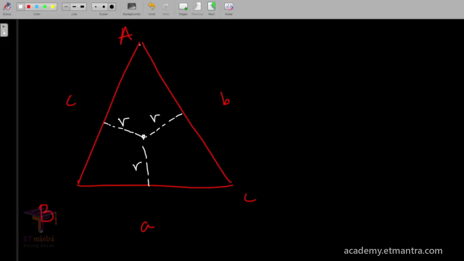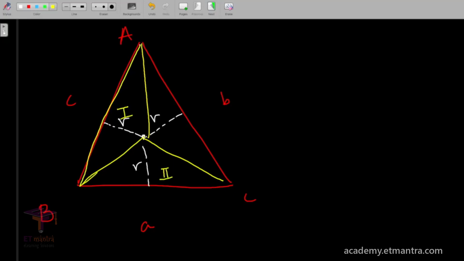And now here's a simple construction. Just construct three triangles like this. Let me call this whole triangle 1, this triangle 2, and this triangle 3. And don't forget that these are perpendiculars drawn to the sides.